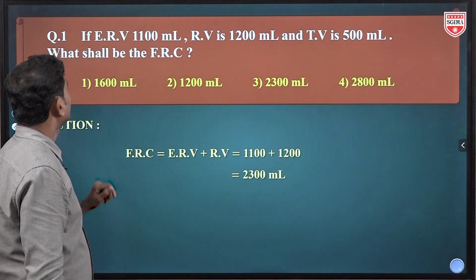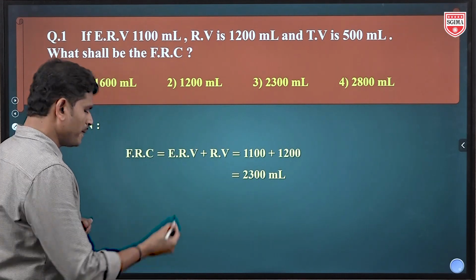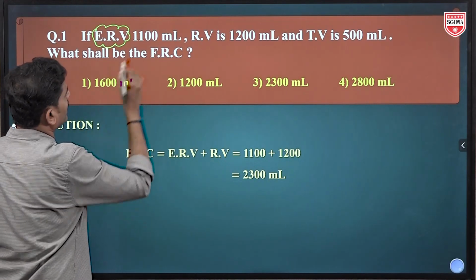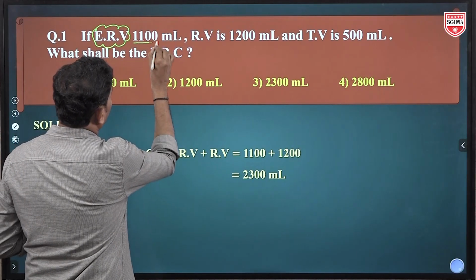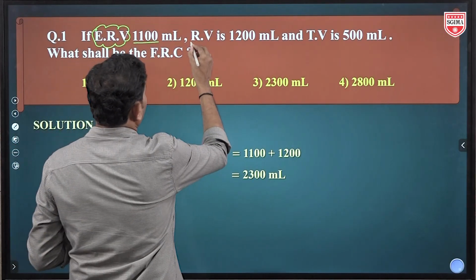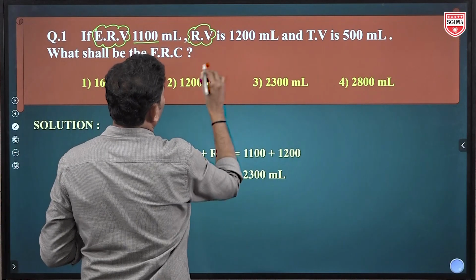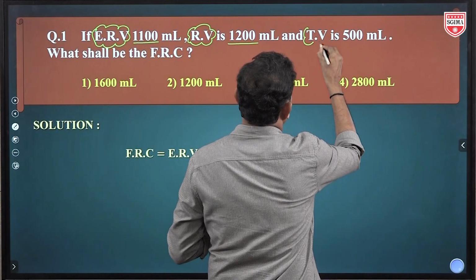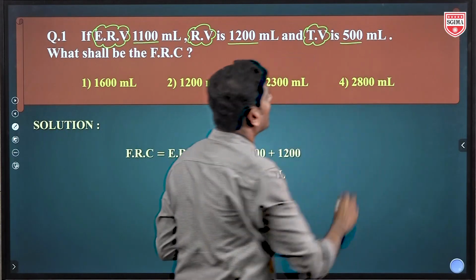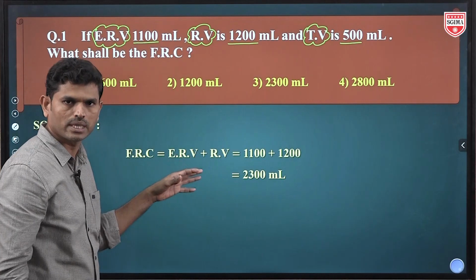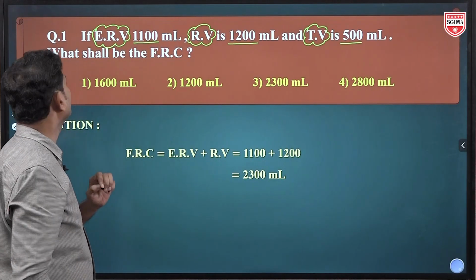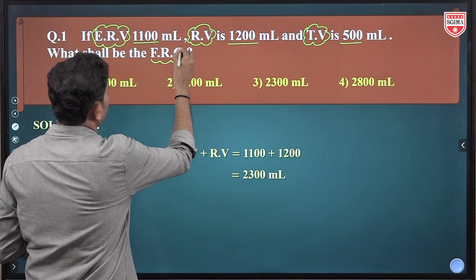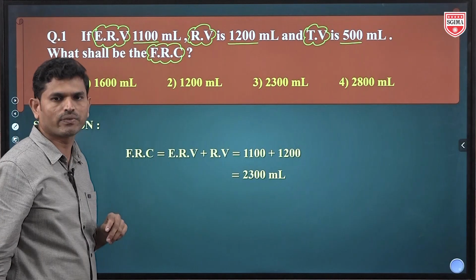Question number 1: if the expiratory reserve volume is 1100 ml, residual volume is 1200 ml, and tidal volume is 500 ml, what shall be the FRC, functional residual capacity? We have to identify that.